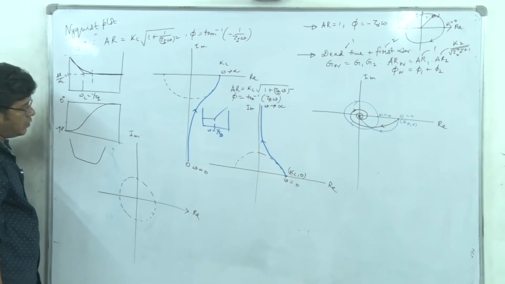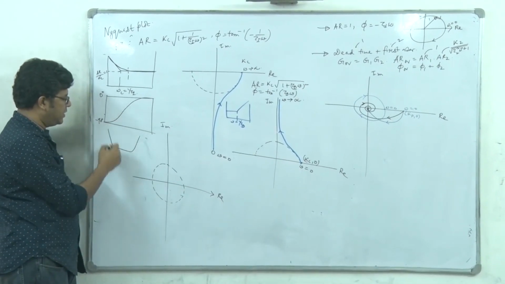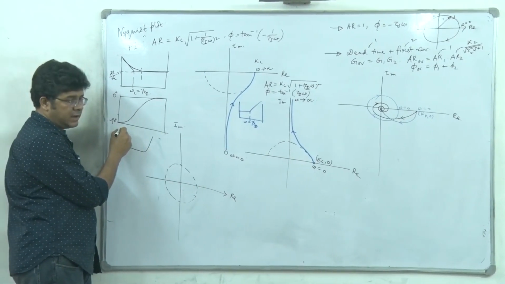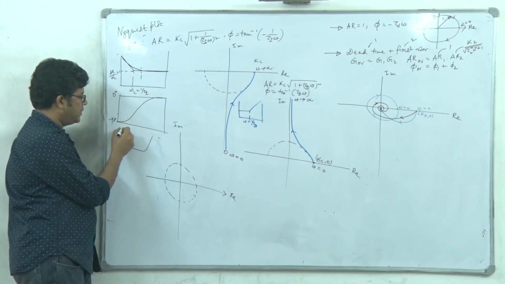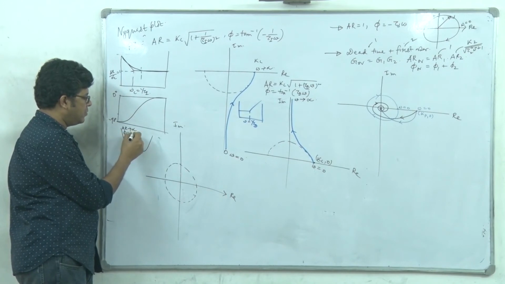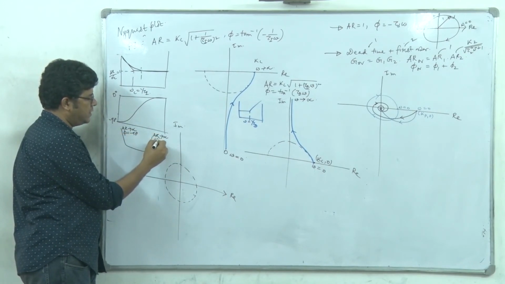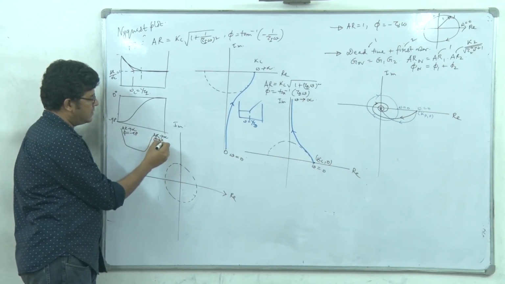AR over some intermediate region will be equal to Kc. So initially it is infinity. So here AR is infinity, phi equal to minus 90. In the extreme range, AR again tends to infinity, and phi tends to plus 90.